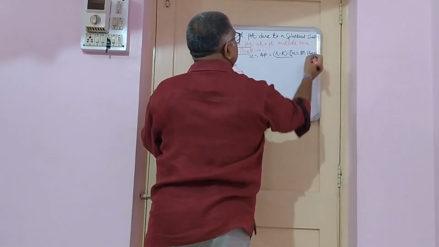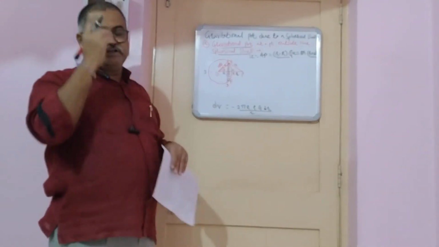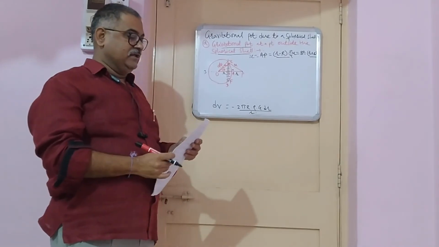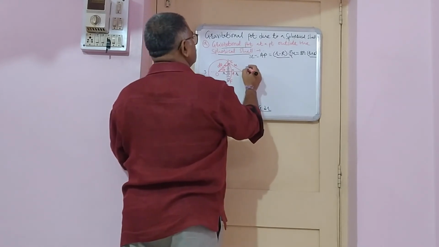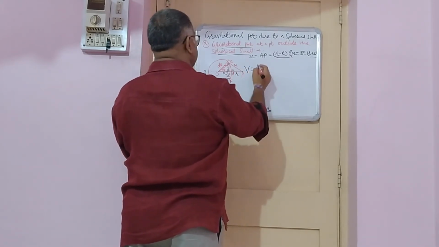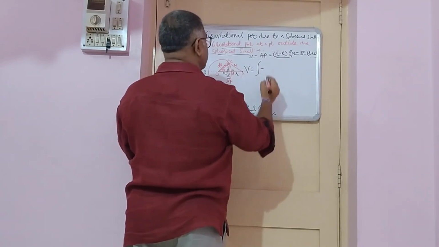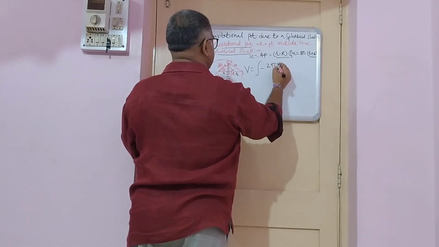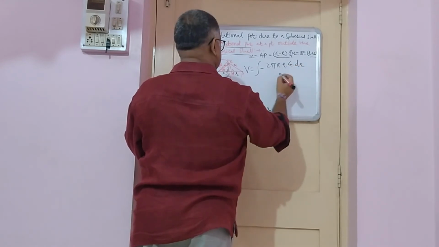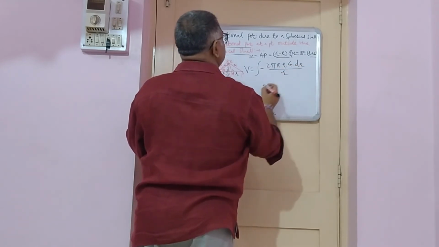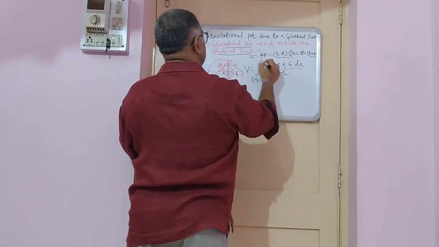These are the limits, and therefore we get the potential due to the whole shell at the point P, and therefore V equals minus of the integral of twice pi r rho g dr divided by r between the limits r minus r and r plus r.